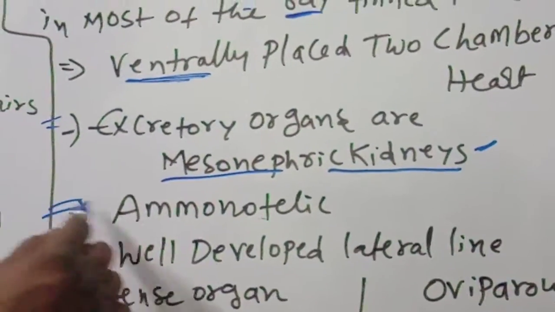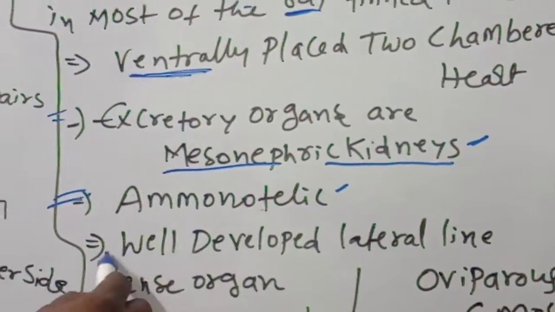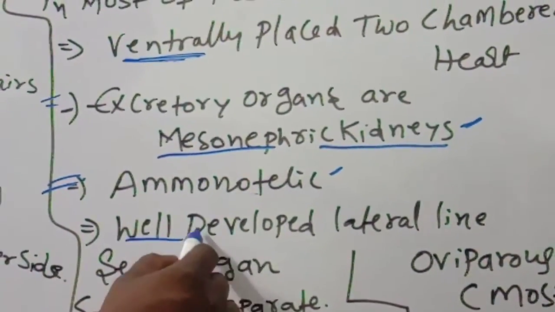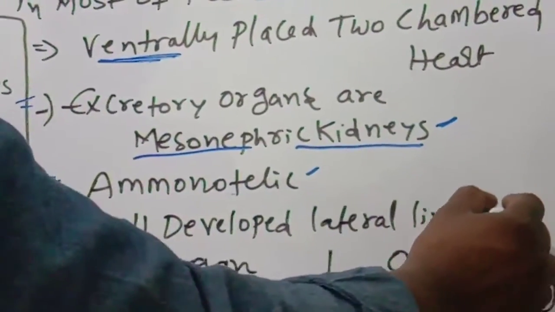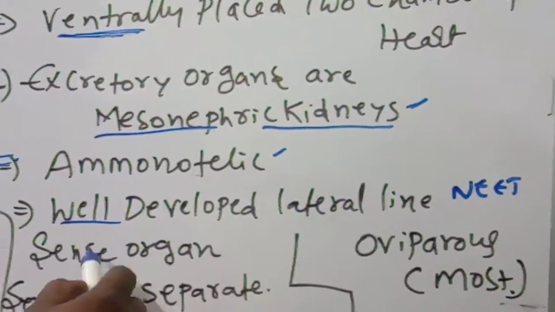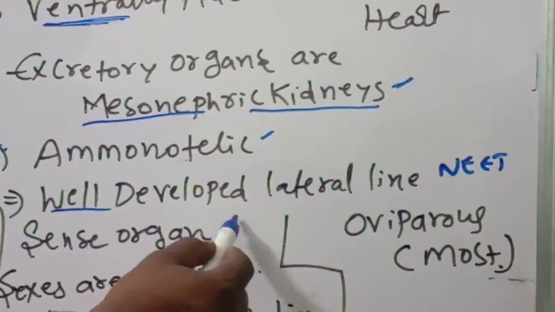They release ammonia, that's why they are called ammonotelic. This is also an important point: a well developed lateral line sense organ is present in Osteichthyes.